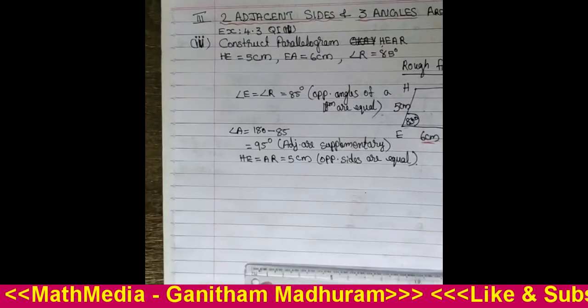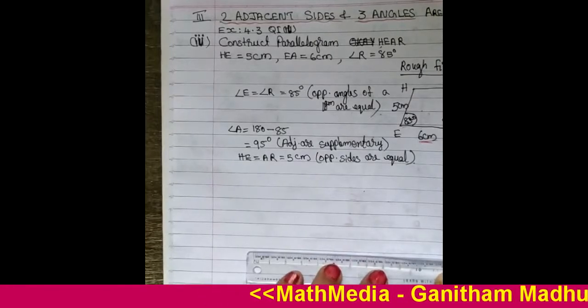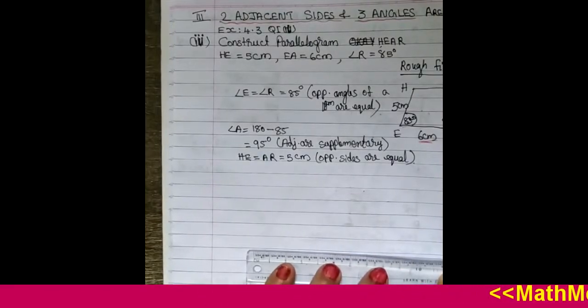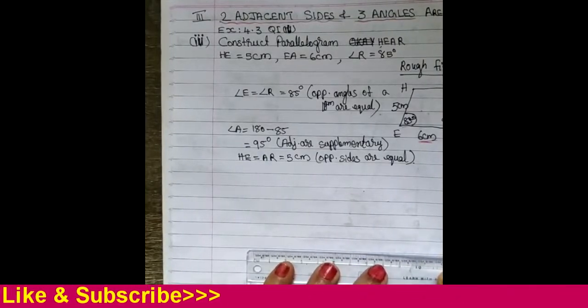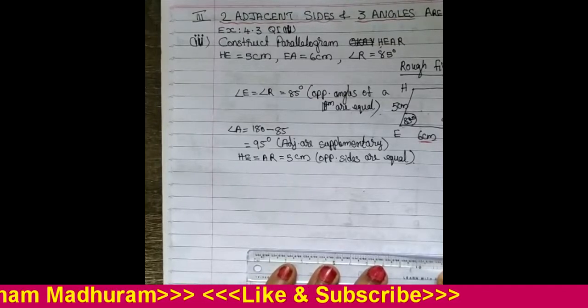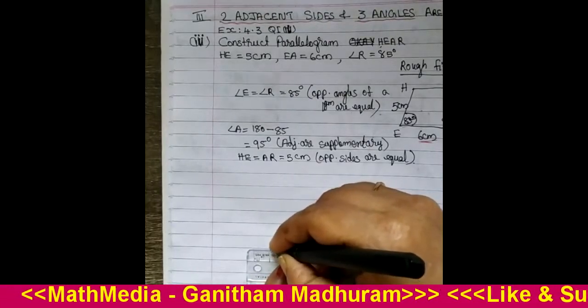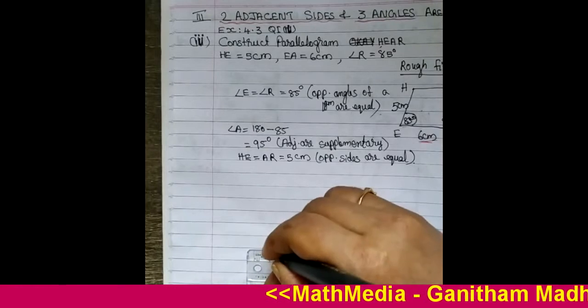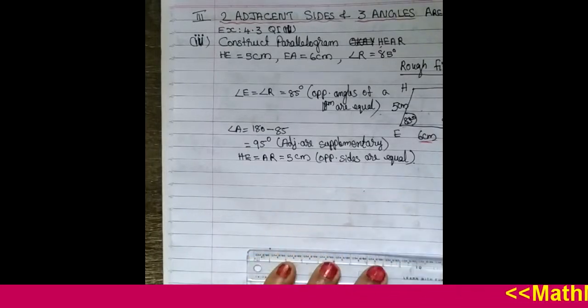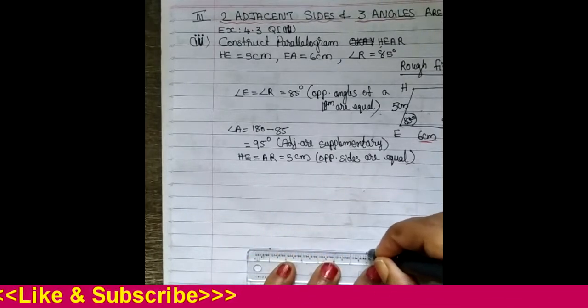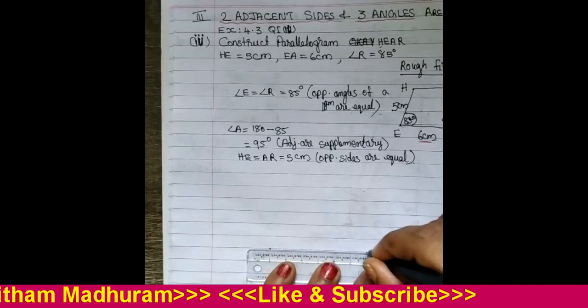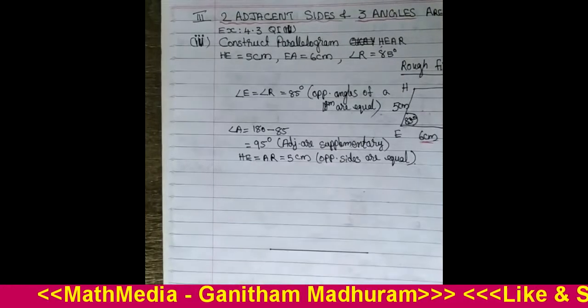For that first we have to draw line segment EA equal to 6 cm. Take the scale and you can draw, mark the point. From here take 6 cm. Draw a line segment.